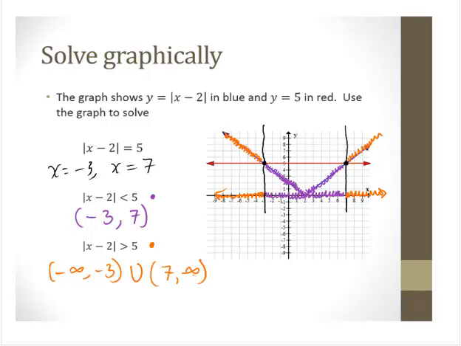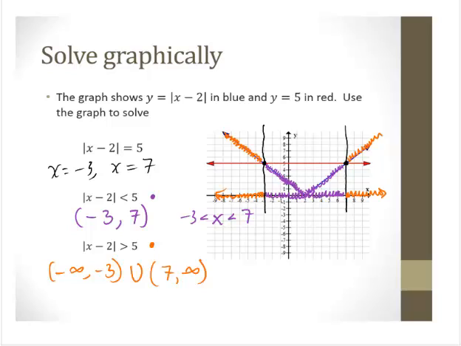So that's how we would write the solutions with interval notation, but we've also talked about how we could write solutions involving just inequalities. So I had -3 to 7 as the solution for that first inequality, but I could also write that as x is between -3 and 7. So we get that three-part inequality.